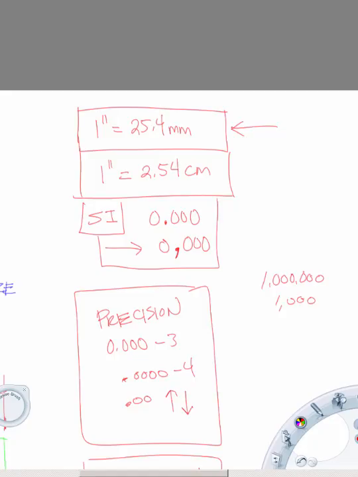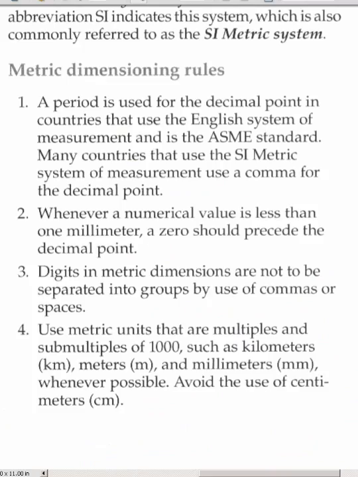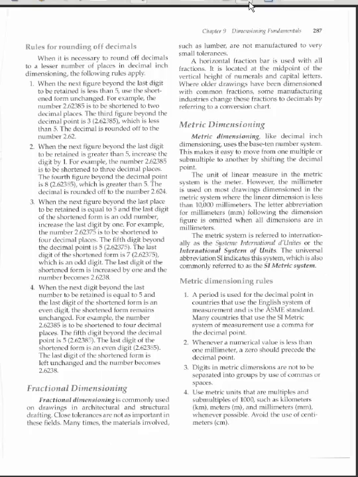We do that in the English system, but for SI, you just write 1000 or 1000000 and then 100. Okay? Remember that too. And use metrics that are multiples and submultiples of thousands, such as kilometers and stuff like that. You can get that figured out without too much of a problem.